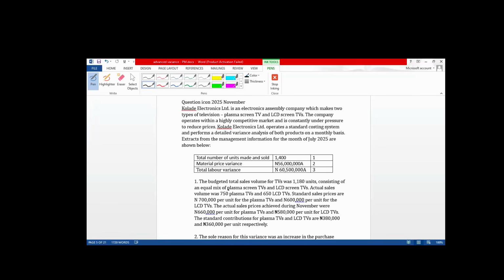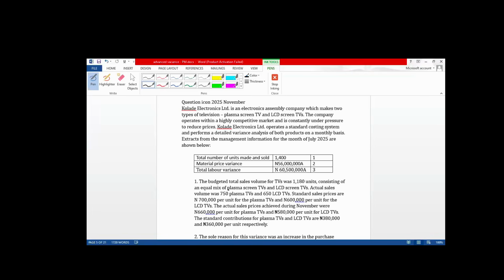Standard sales prices, that is standard selling price, are 700,000 naira for plasma TVs and 600,000 naira per unit for LCD TVs.